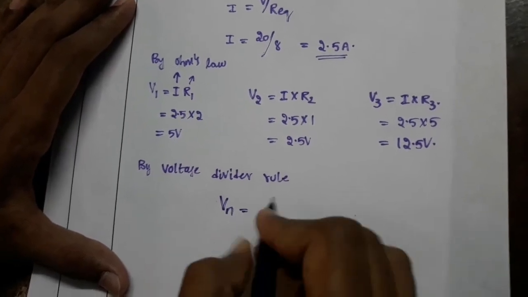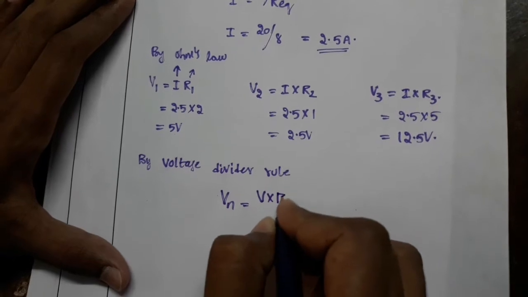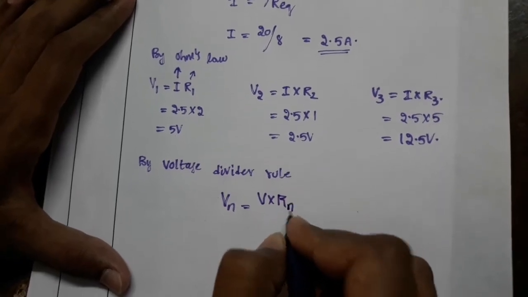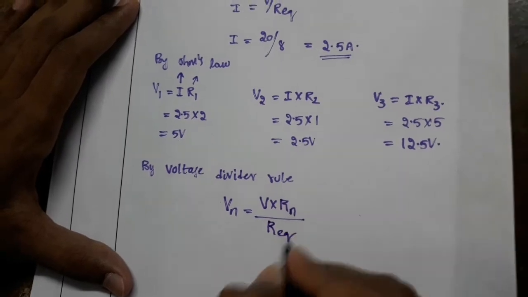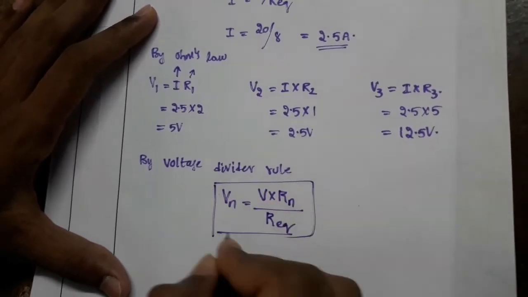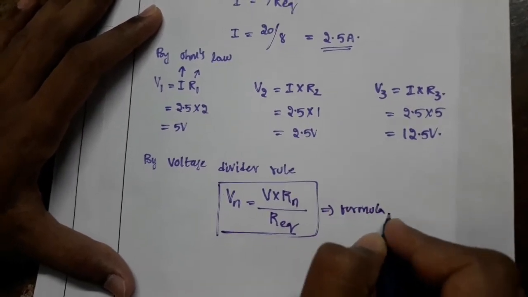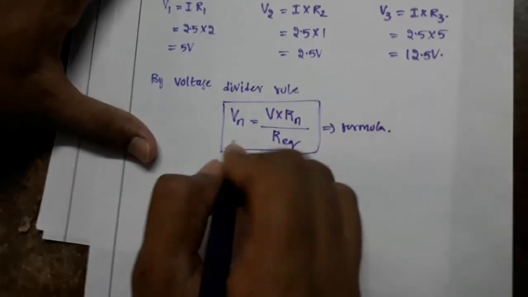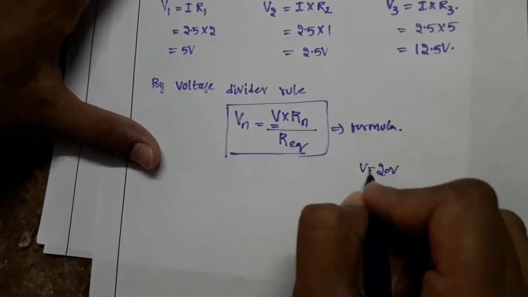Vn equal to total voltage V into resistance of that resistor, that is Rn, divided by total resistance, that is equivalent resistance. This is voltage divider rule formula. So we know total voltage V equal to 20 volts.